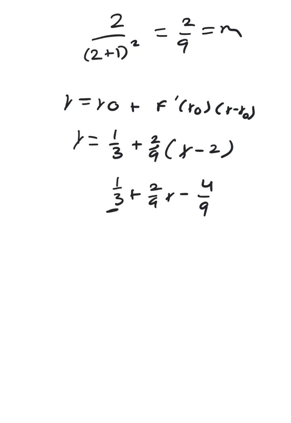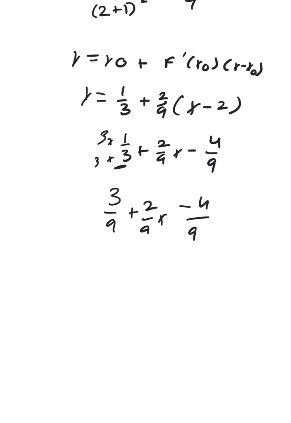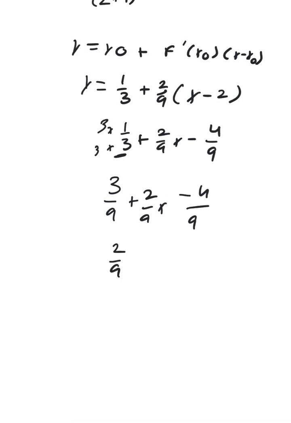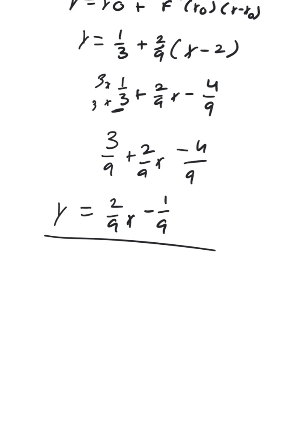Then we convert the 1/3 into a 9, times 3 over 3, so 3/9 plus 2/9 x minus 4/9. 3/9 minus 4/9 leaves us with 2/9 x minus 1/9, which equals our equation of the tangent line.